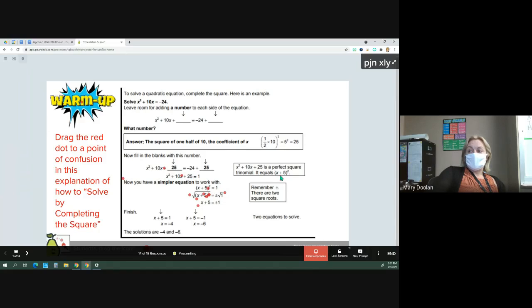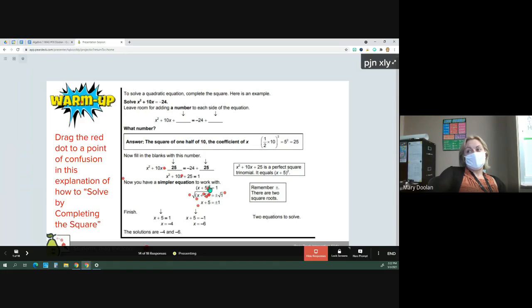The x and the 5 come from the fact that, what did you square to get this term? To get x squared, I squared x. And then what did you square to get this term? To get 25, you square 5. That's why an x goes here and a 5 goes here. Then, because that is being squared, it means you have 2 copies of x plus 5.